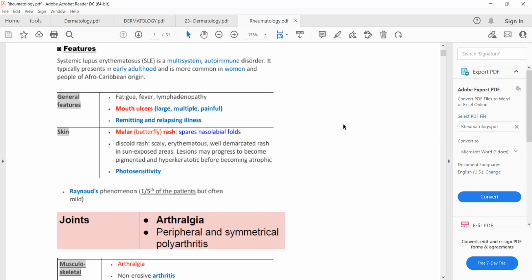Malar or butterfly rash spares the nasolabial folds. So this is a type of rash in which nasolabial folds are spared. And discoid rash is a scaly erythematous well demarcated rash in sun exposed areas.